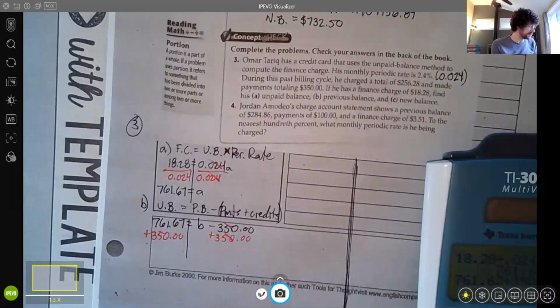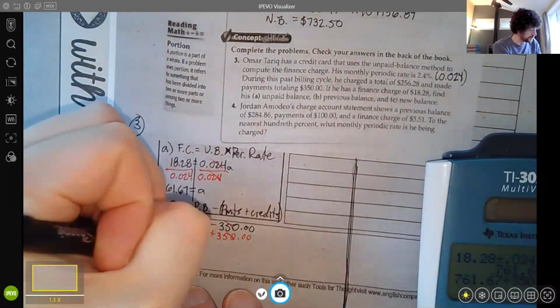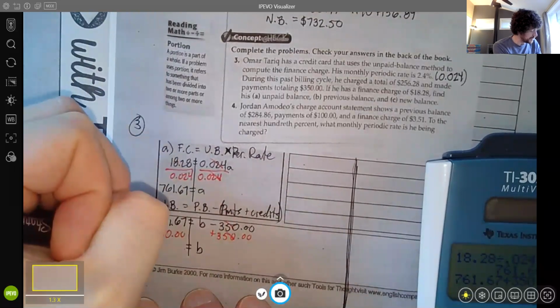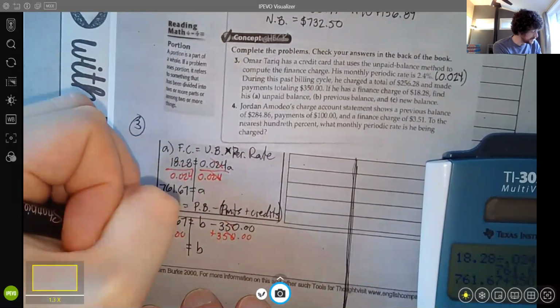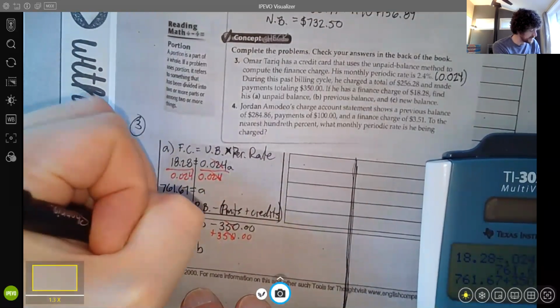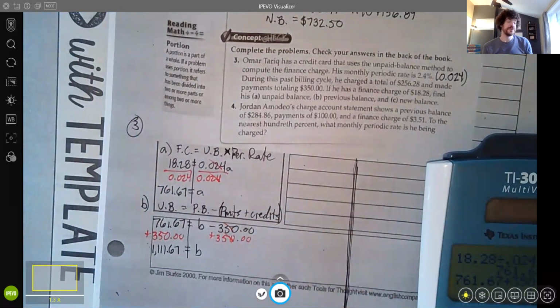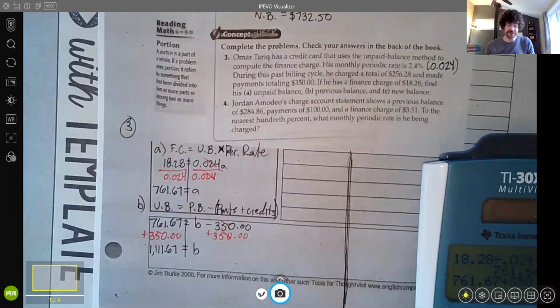We're looking at $1,111.67. So previous balance is $1,111.67.